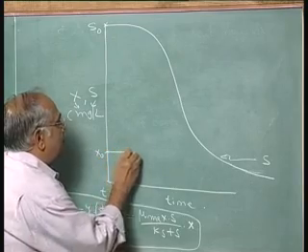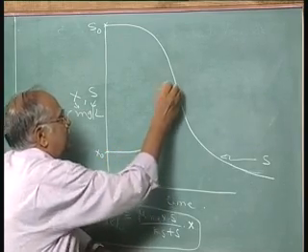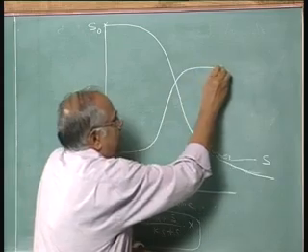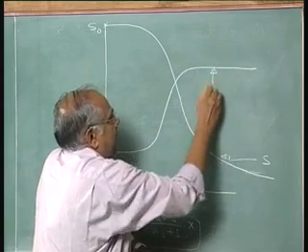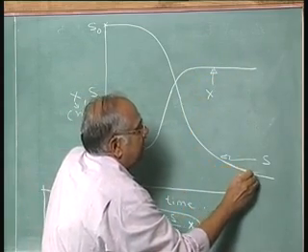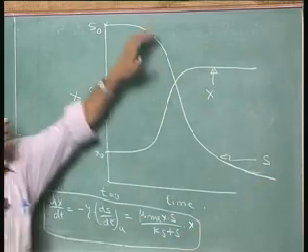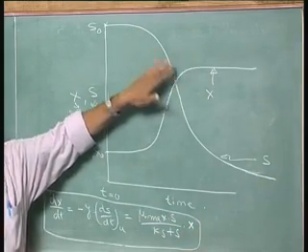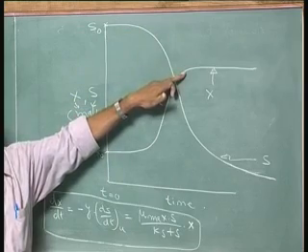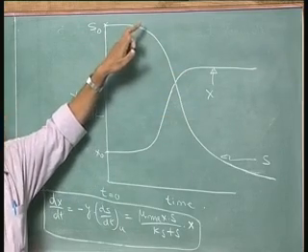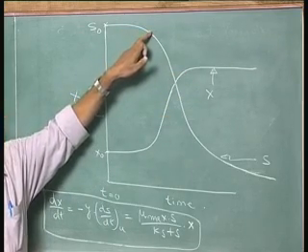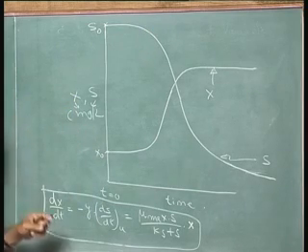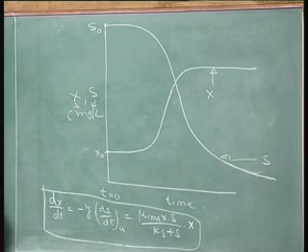That increase in number can be written like this. So this is the equation for x and this is the equation for S. You can see the difference between these two: x is not attaining the same level of S naught.